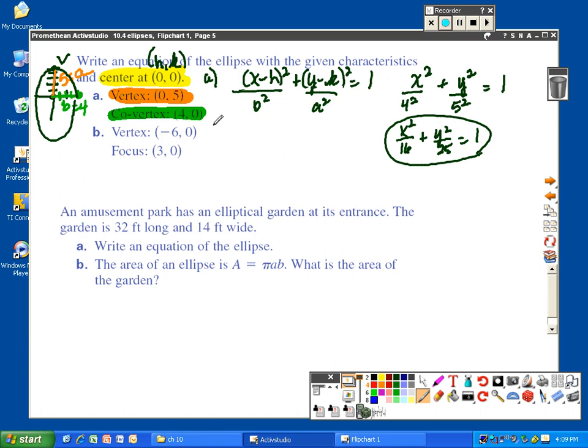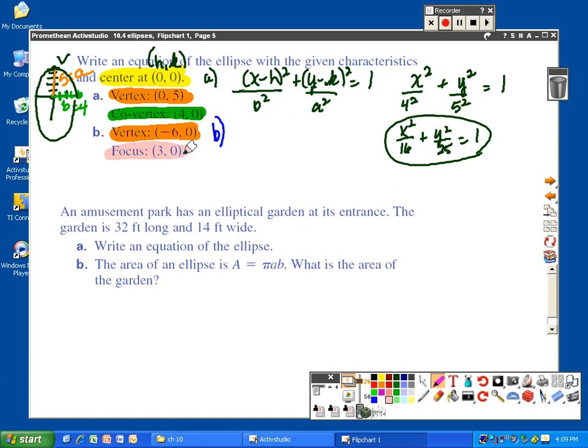So part B. This time, I only get one vertex. It is (negative 6, 0). But this time I have my foci at (3, 0).